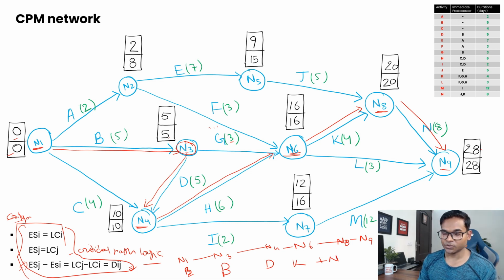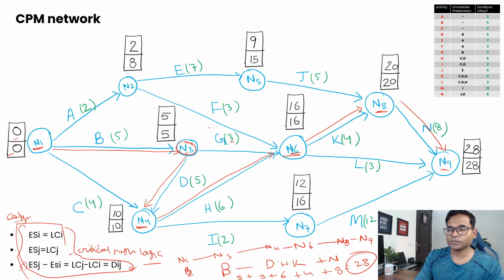So if you add this duration, it will simply be 5 plus D, 5 plus, if you see the H duration, I think we missed this H here, so H will be 6, plus then you have the K, which is 4, plus then this duration is 8, which basically comes to 28, right? Here I think we have missed H.